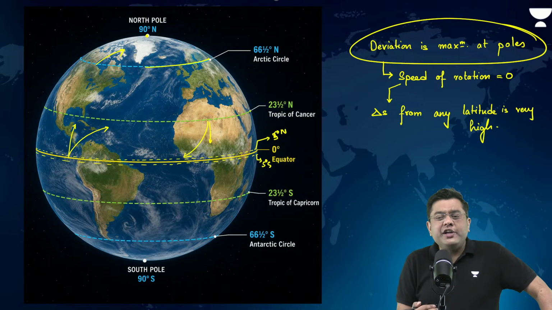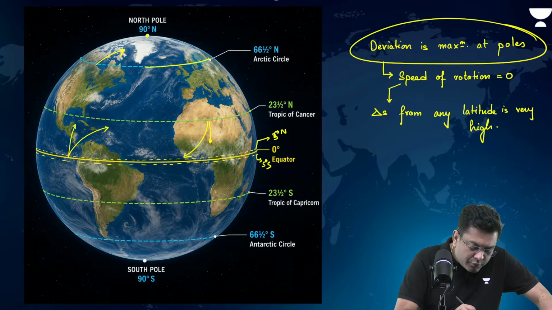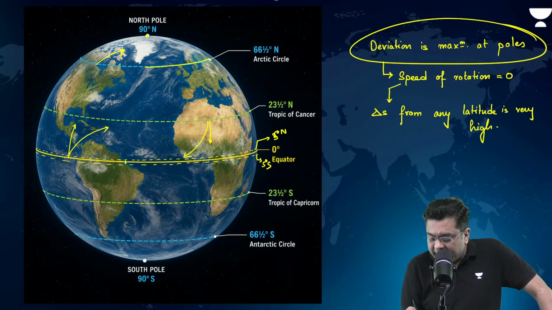The speed of rotation at 5 degree north will be almost similar to the speed of rotation at 5 degree south. So if an object tries to move from here to here, it is moving at almost similar speeds, so no deviation. Hence, because it is moving at similar speed, there is no deviation, which is why Coriolis force at the equator is equal to zero.